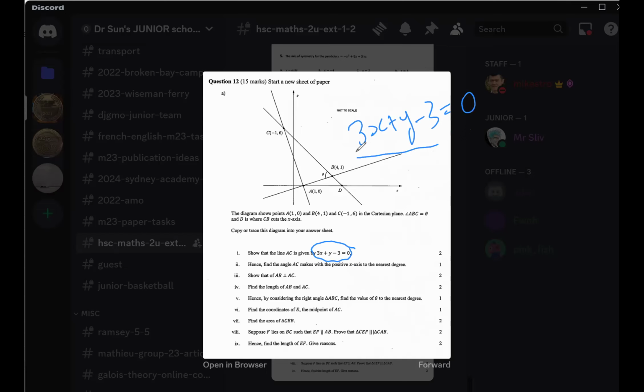You know this is the equation of a straight line. So to prove that that's the right equation, you just need to sub these two values in and see that it works. So if you put in x equals 1, y equals 0, you get 0. And if you put x equals negative 1 and y equals 6, you get 0. So then that's the equation of the line.